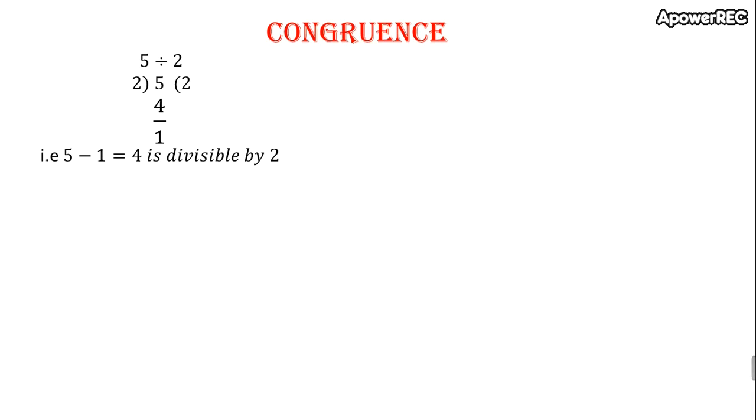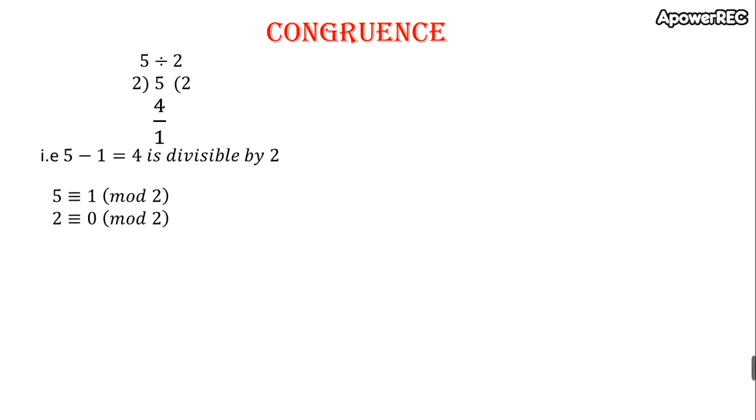So when the remainder is subtracted from 5, we get 4, which is obviously divisible by 2. This can be written in congruence as 5 is congruent to 1 modulo 2.